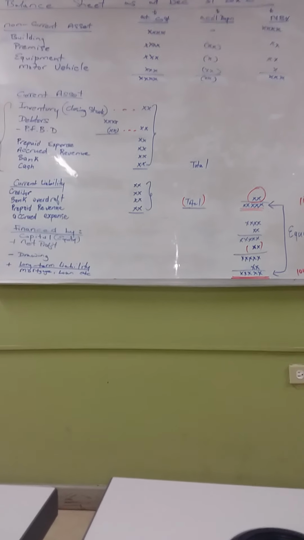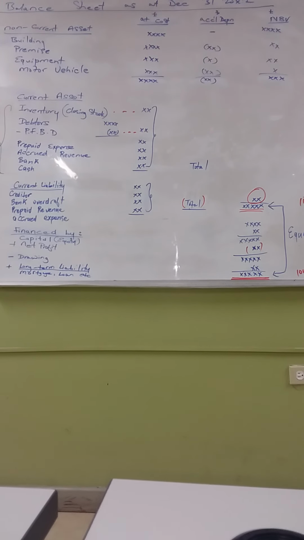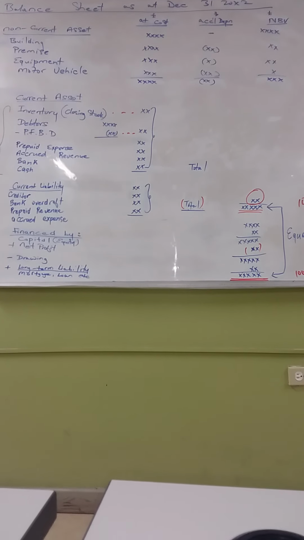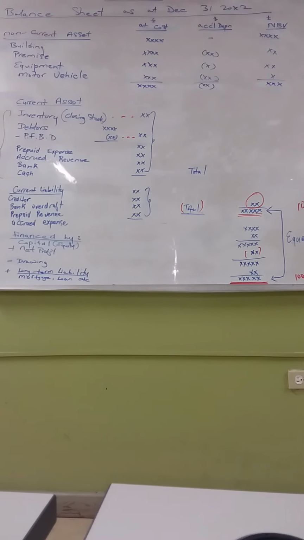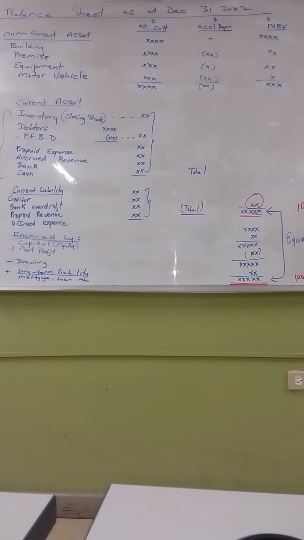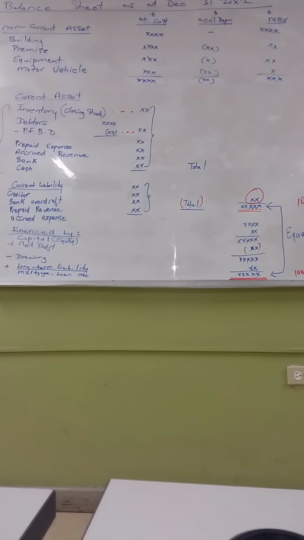It simply means that you should have collected 10,000, but they only had 8,000 to give you. So that accrued revenue, the money that is expected from your tenant, would have included that 2,000. It's an asset to you because it's money that the company is supposed to collect in the future. So you have accrued revenue listed there also.